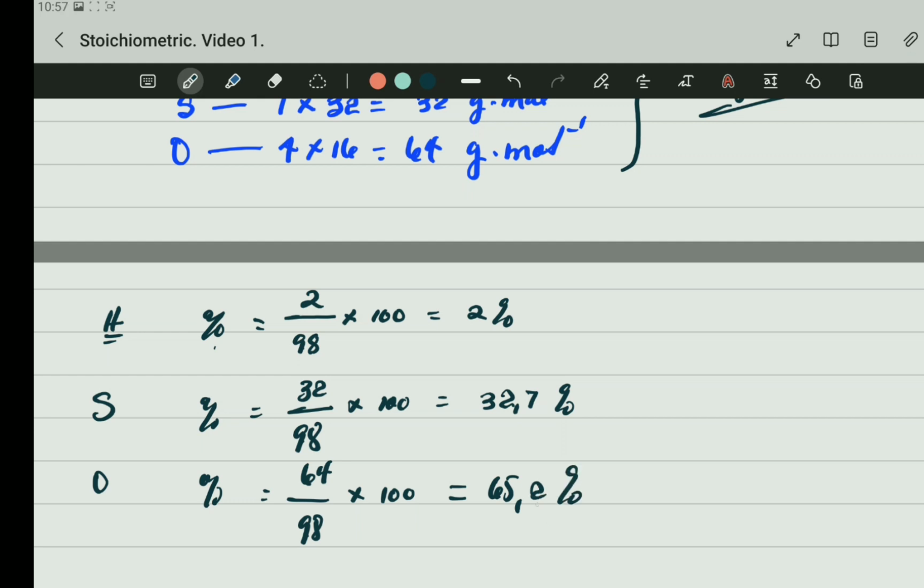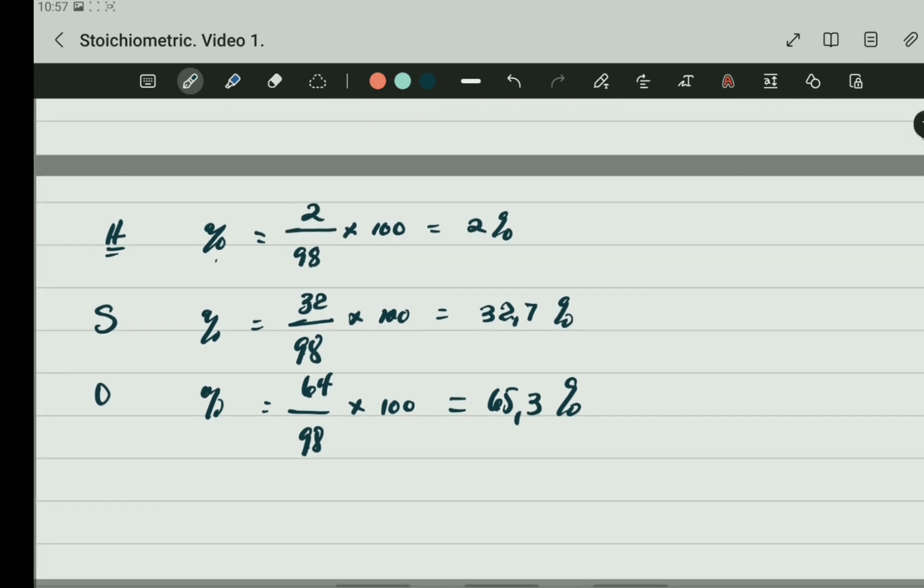Okay, 65.3, not 65.2. And this is how you calculate the percentage. So in this compound, 2% belongs to hydrogen, sulfur represents 32.7%, and oxygen represents 65.3%. And note something important here.